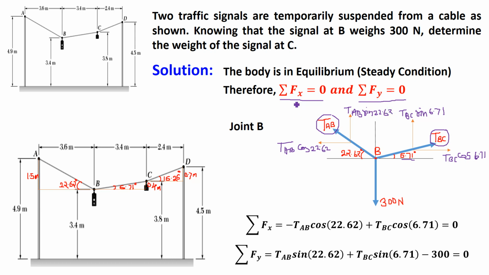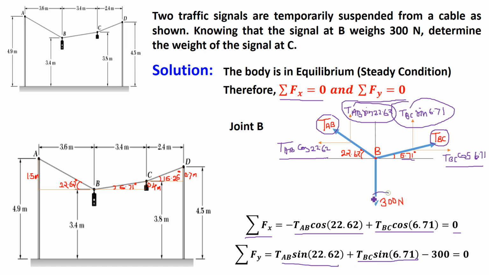Now if you want to apply equilibrium conditions, summation of Fx equals, this is minus TAB cos of 22.62, plus TBC cos of 6.71 equal to 0. Similarly, summation of Fy equals, this is tension AB sine of 22.62, this is tension BC sine of 6.71, and the weight of signal B is downward, means minus 300, equal to 0.